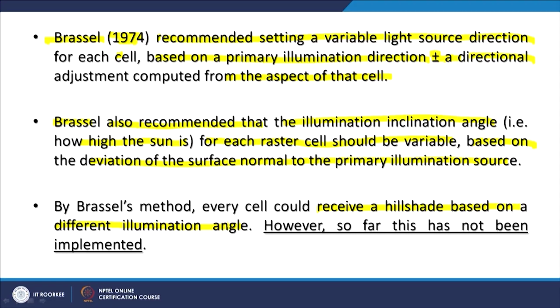But here things are changing, not only one single direction but multiple directions, and another thing, the height of the illumination source, in terms of elevation angle, we are also changing for each cell as per their inclination or surface normal. However, so far this has not been implemented in various software, but there are some examples. Indirectly definitely you can do it, but direct menus you may not find in any standard software. Of course, indirectly one can do it without much problem.